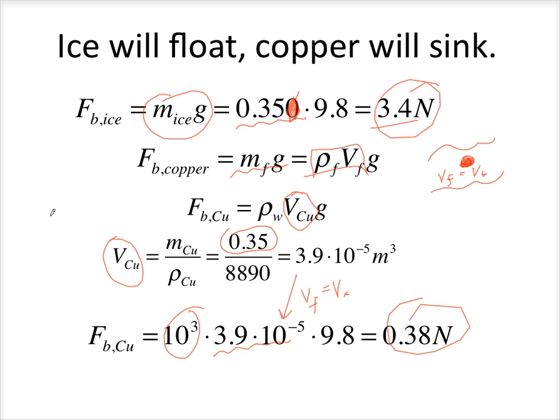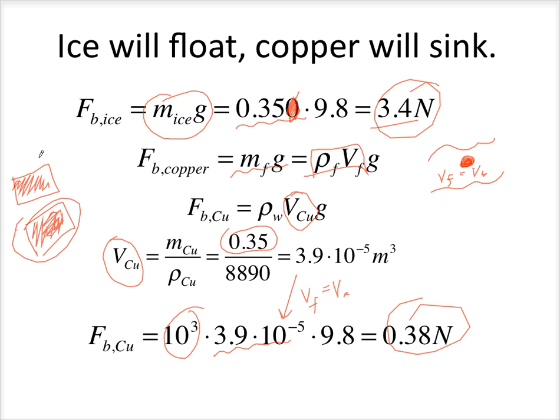For example, if we had the same volume of ice and copper, then of course, because the entire volume of copper would be underwater, the buoyant force on it would be greater than the buoyant force on ice of the same size.